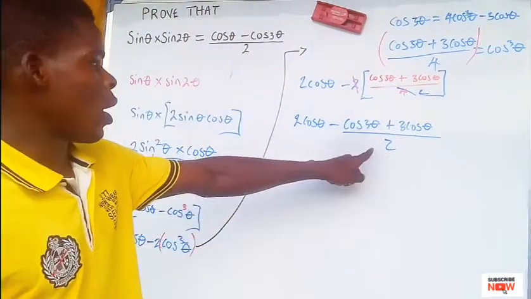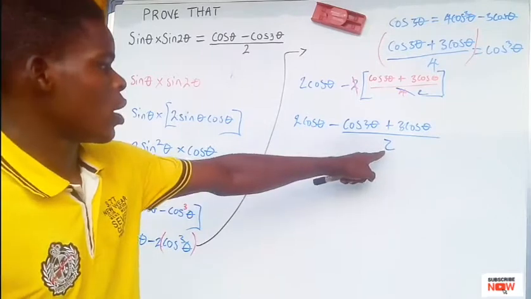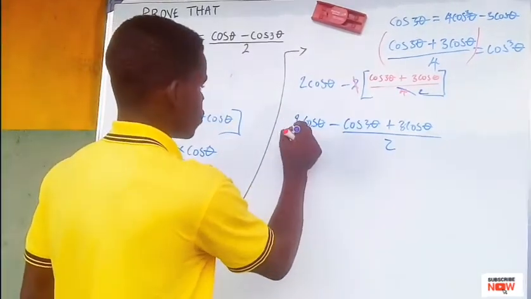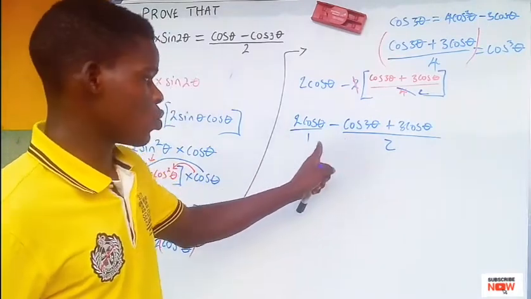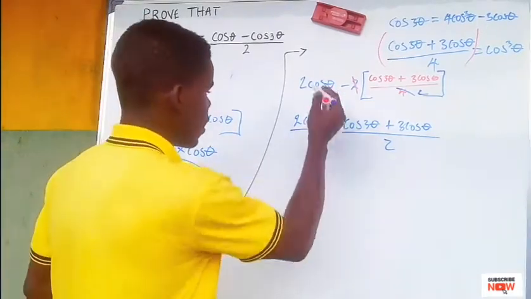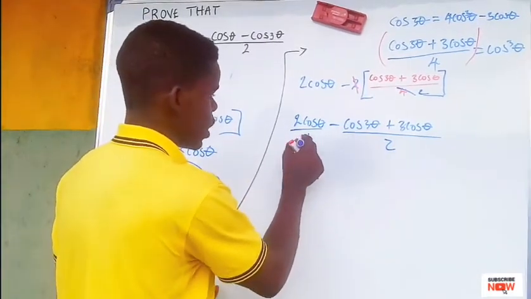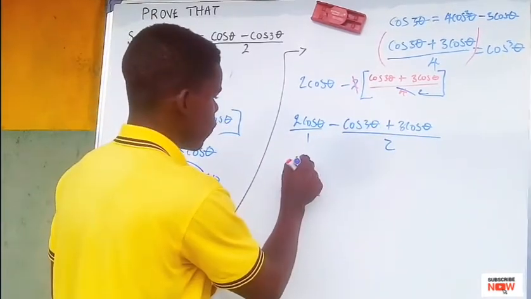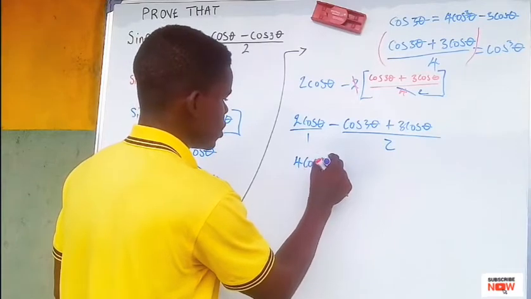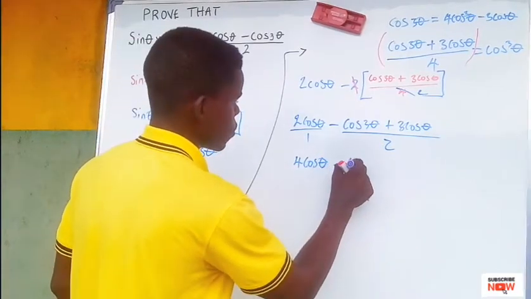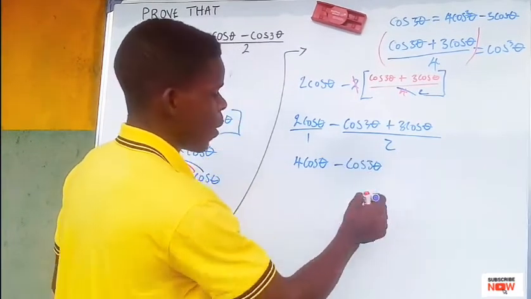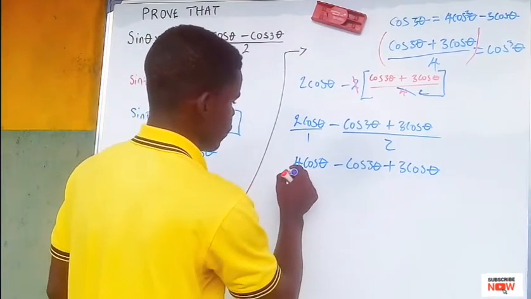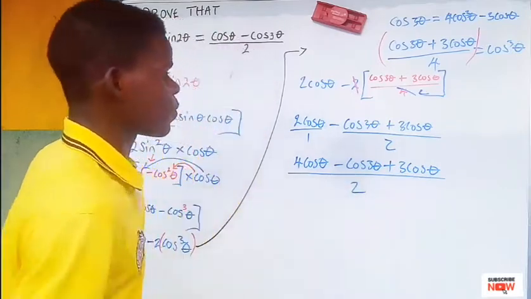Let's find the LCM of the two denominators, 1 and 2. The LCM is 2, so we multiply through by 2. That will give us 4 cosine theta minus cosine 3 theta plus 3 cosine theta, divided by 2.